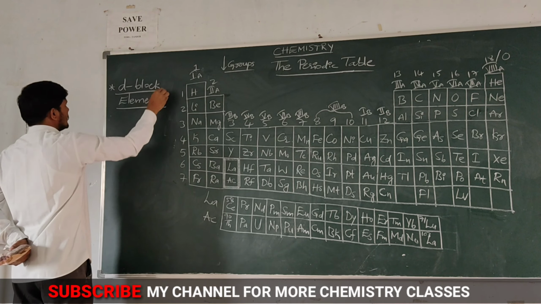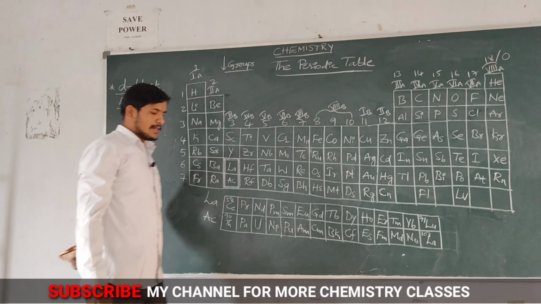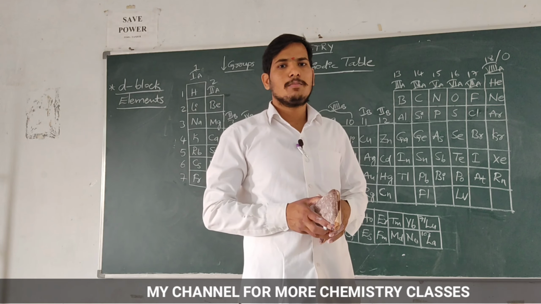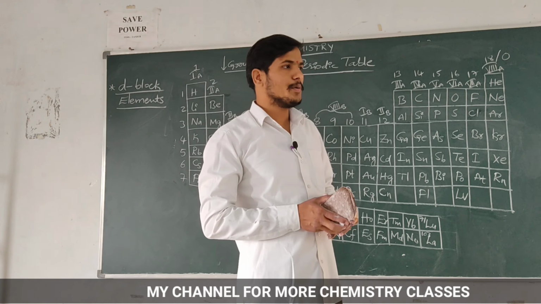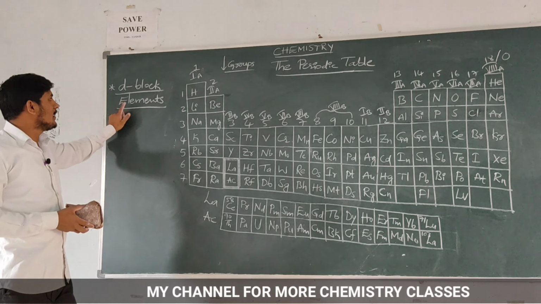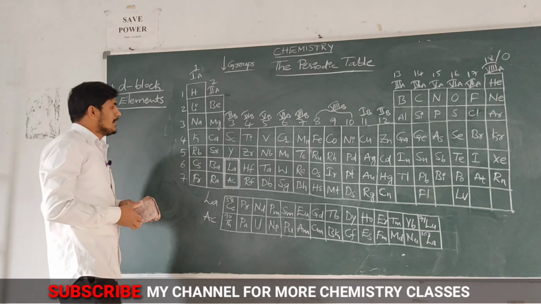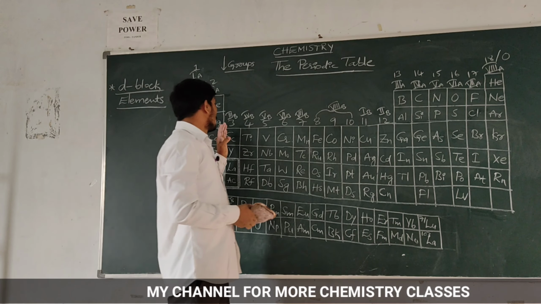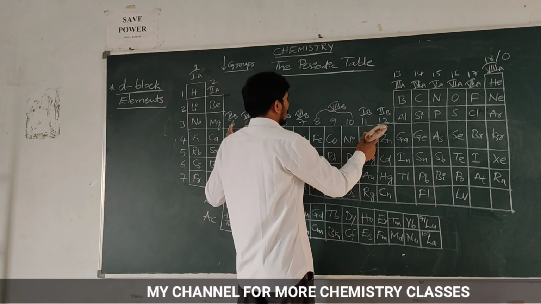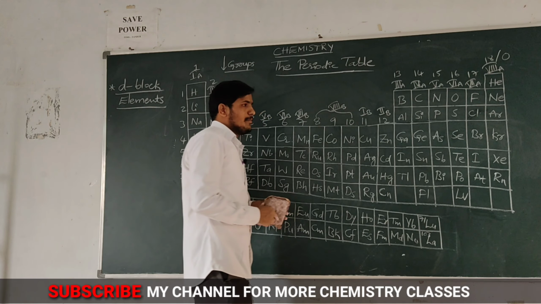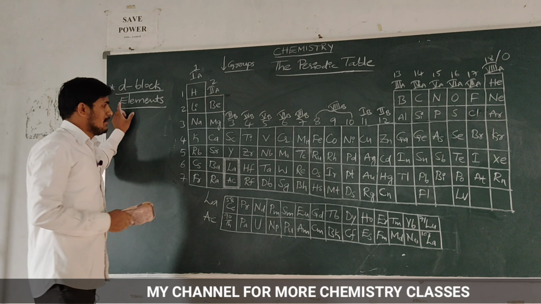D block elements. What is meant by D block elements? The differentiating electron enters into the D subshell. Once again, the differentiating electron enters into the D orbital. In the periodic table, from third B to 12th group, or third group to 12th group, elements are called D block elements.